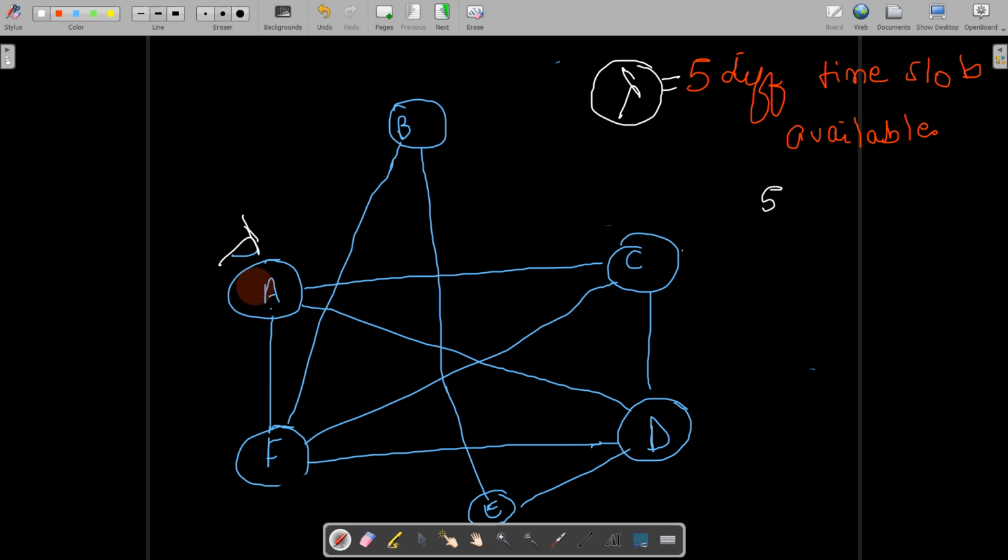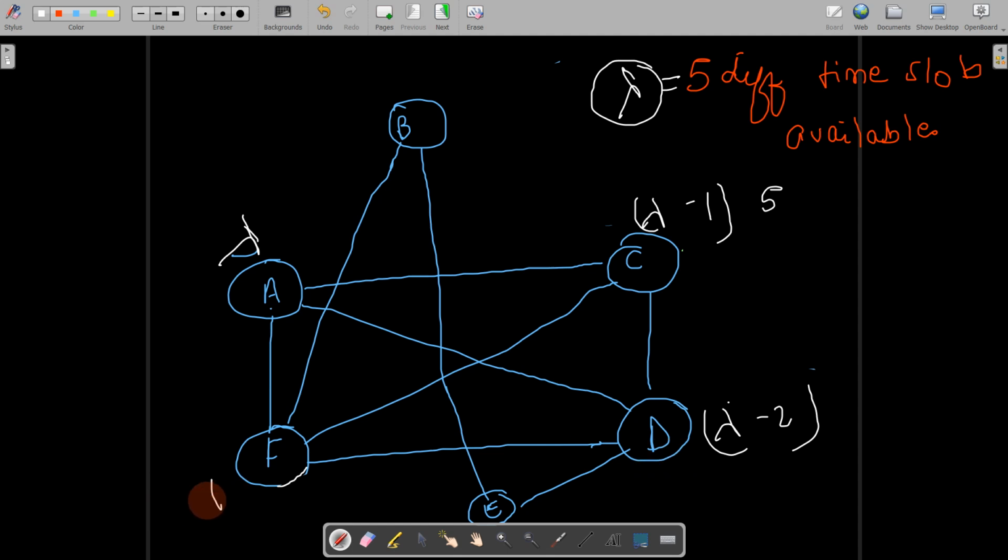Then the adjacent nodes to it cannot be colored using the same color, right? It will have one less choice. It will have lambda minus 1 choices. The adjacent to C, it cannot be colored using the same time slot as C and A. So it has lambda minus 2 choices to be colored. F cannot be colored using A's color, C's color and D's color.